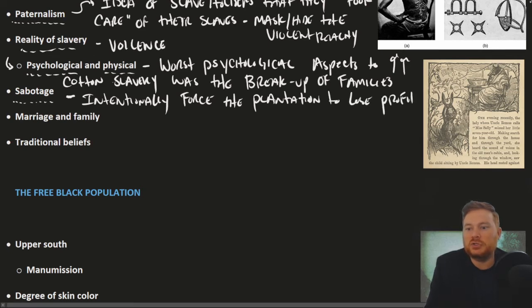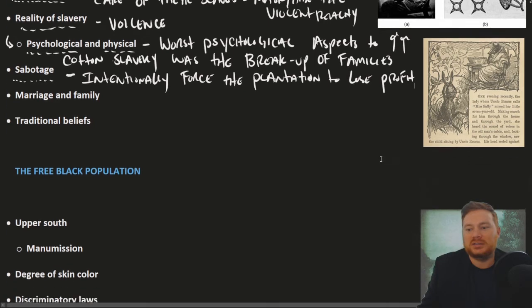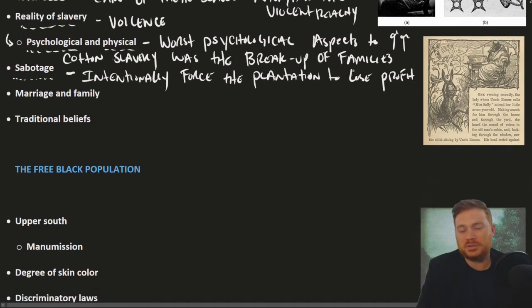This was usually done in a way that didn't result in any sort of violent backlash. It could be pretty much blamed on neglect. Slaves often, quote unquote, accidentally broke their tools in order to sabotage the plantation.